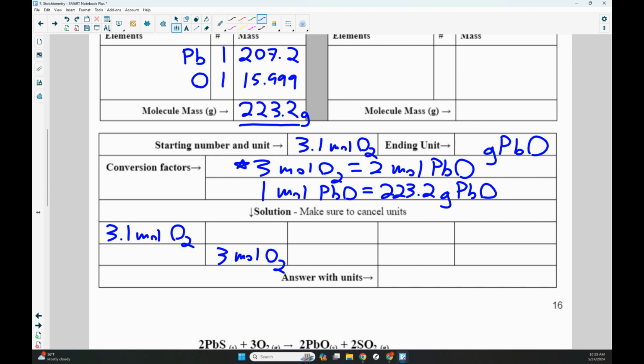So 3 moles of oxygen is equal to 2 moles of lead oxide. And again, that allows me to cancel out moles of oxygen. But I'm not done there. I now want to convert from moles of lead oxide into grams of lead oxide, and I'm going to use this conversion factor. 1 mole of lead oxide is equal to 223.2 grams of lead oxide.